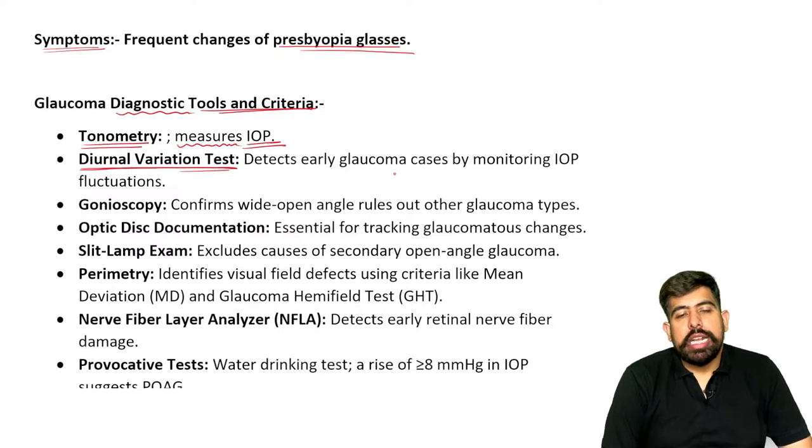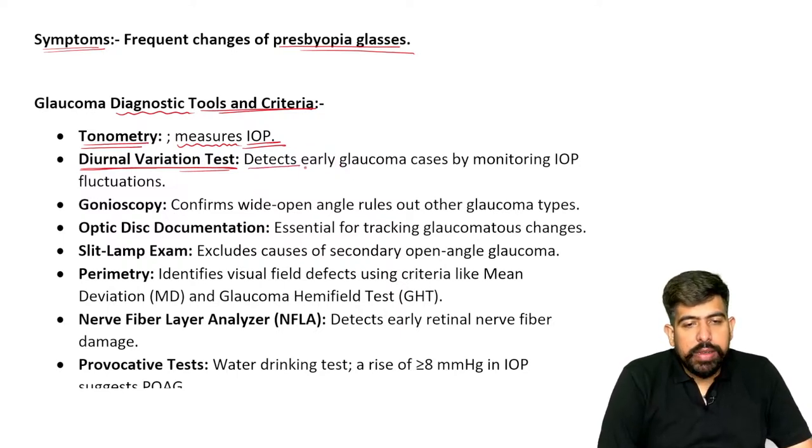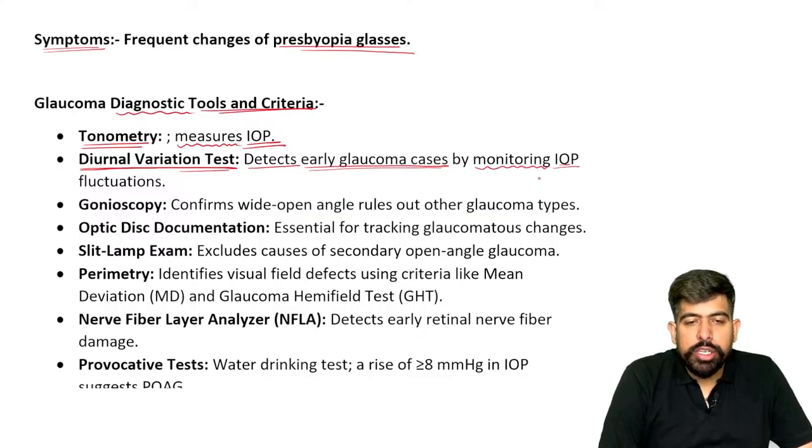Also, we have to do the diurnal variation test. And what is this diurnal variation test? It detects early glaucoma cases by monitoring intraocular pressure fluctuations. What do you mean by this?